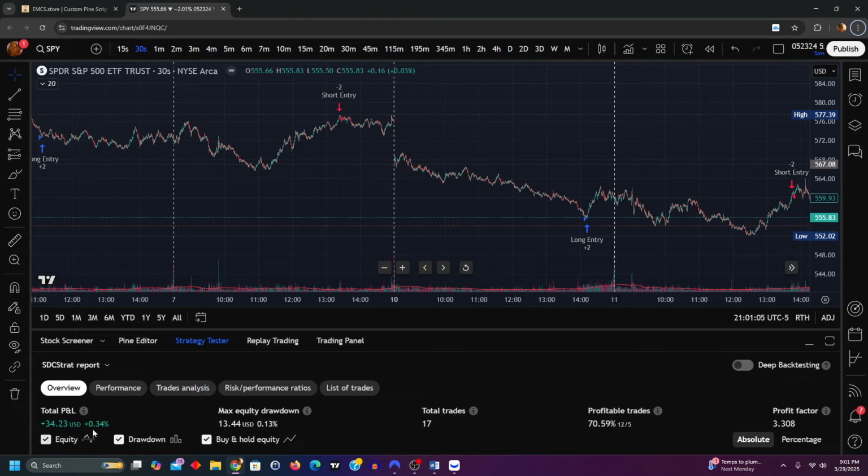So right off the bat, don't be fooled by this P&L here, right? Because a lot of things go into that, and one of the biggest things is how long you've been using the system and what your risk is and your account size and all of that, right?